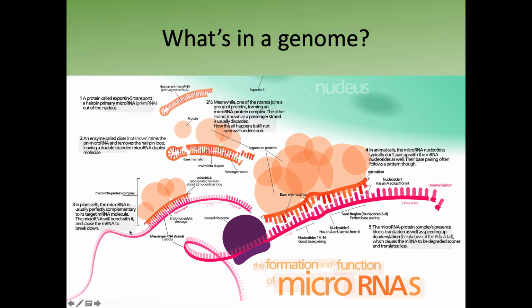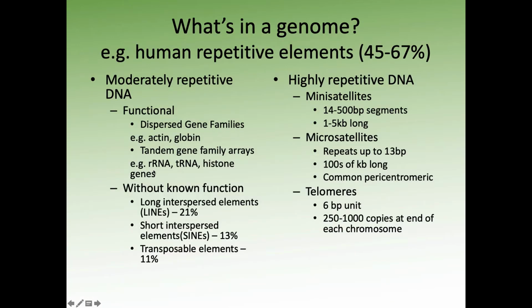Where they bind to these other mRNA products of, say, the original gene, they can facilitate the degradation of this mRNA, and thus limit the expression and the translation of that mRNA to actually be active. So this is one of the ways that we have some unique structures, and really microRNAs are something that we did not know a whole lot about until the advent of genomics.